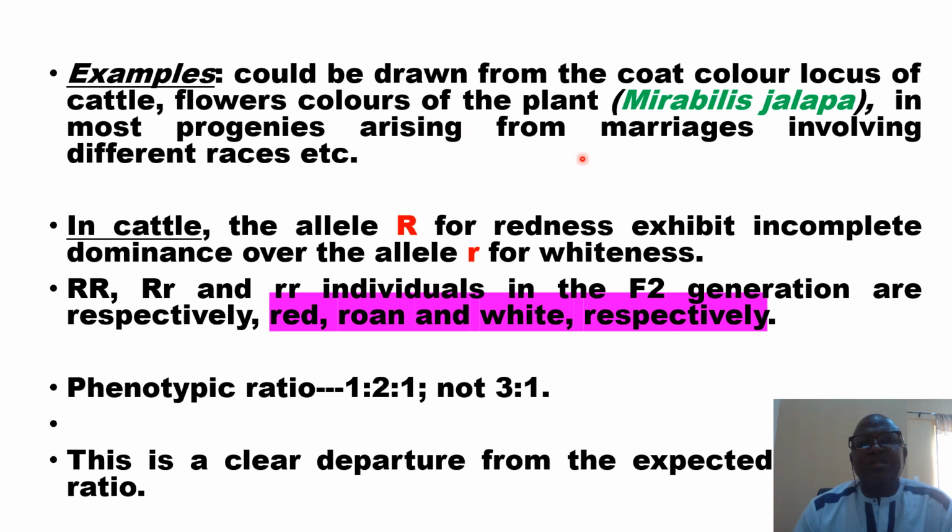Okay, so in cattle, the allele capital R for redness exhibits incomplete dominance over the small r allele for whiteness, such that in the F2 generation, the RR, that's the dominant homozygote, the heterozygote, and the recessive homozygote individuals are respectively red, roan, and white in color.